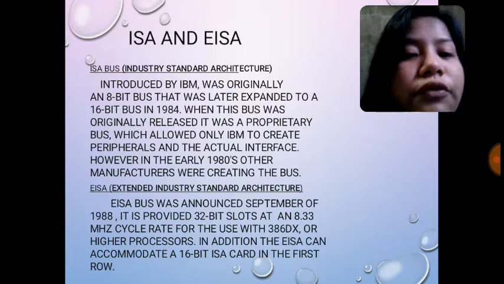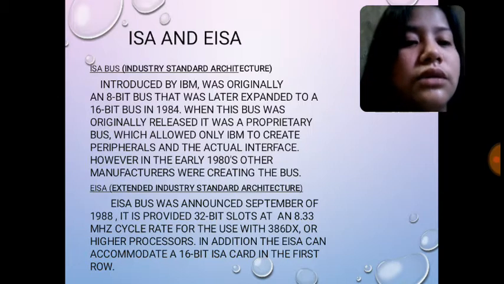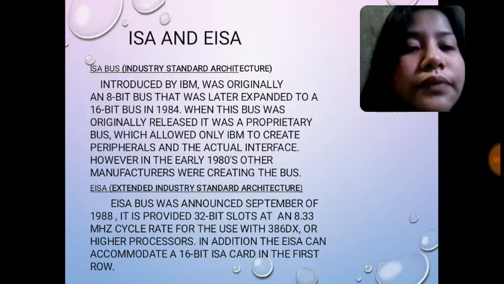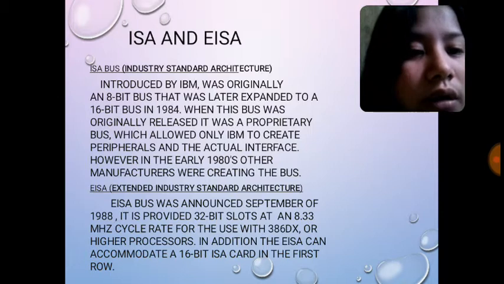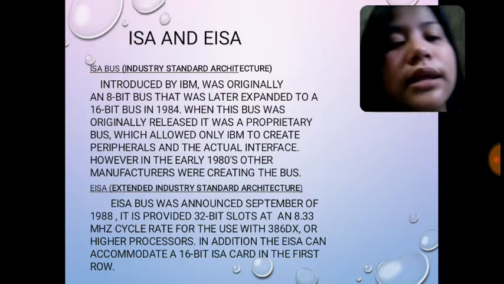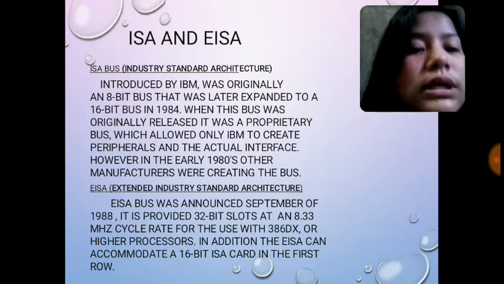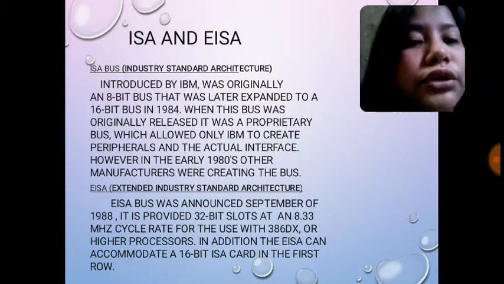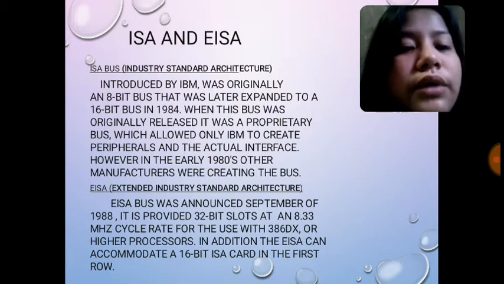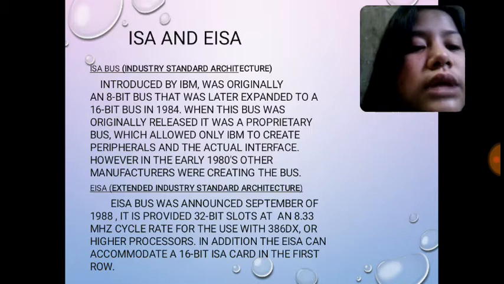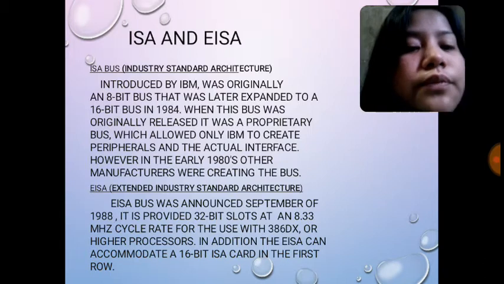EISA stands for Extended Industry Standard Architecture, announced in September of 1988. It approves a 32-bit slot at an 8.33 MHz cycle rate for use of 386DX or higher processors.